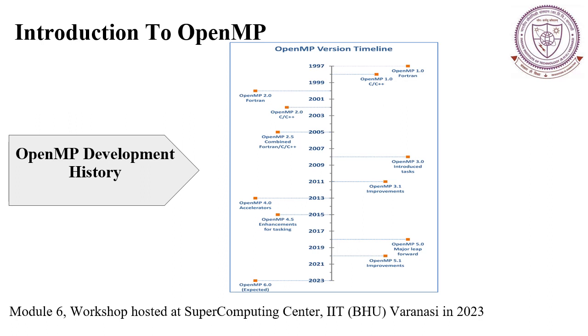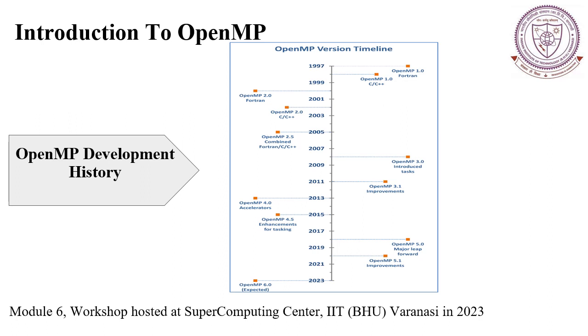Then OpenMP 2.5, which was released in November 2001. It added support for nested parallelism and introduced the OpenMP parallel section construct. Then OpenMP 3.0, released in May 2008. It brought support for explicit tasking, SIMD (single instruction multiple data) constructs, and additional loop scheduling options.